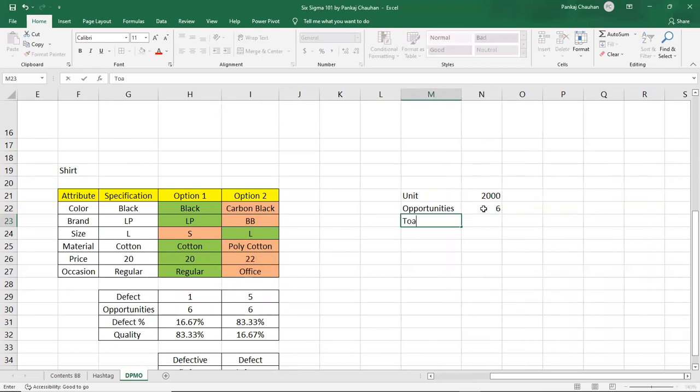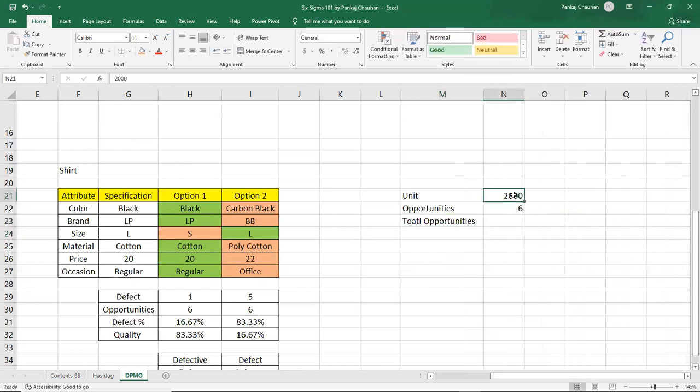Now what is my total opportunities? Because I am producing 2000 shirts, and each shirt can be rejected on 6 different parameters, total opportunities will be 6 multiplied by 2000, which is 12,000. Now I assume that the number of parameters not meeting the specification when you found during the audit is, let's say, 25.